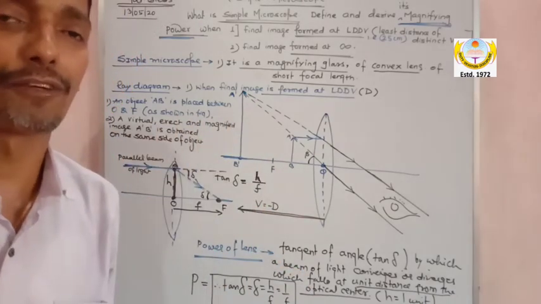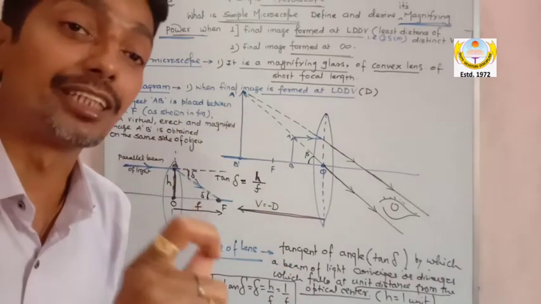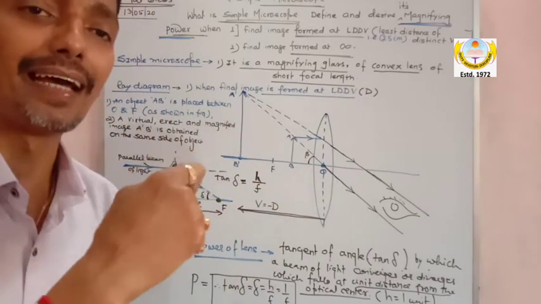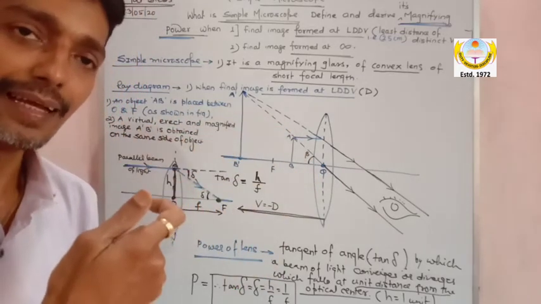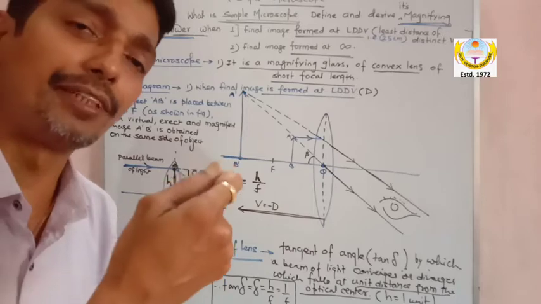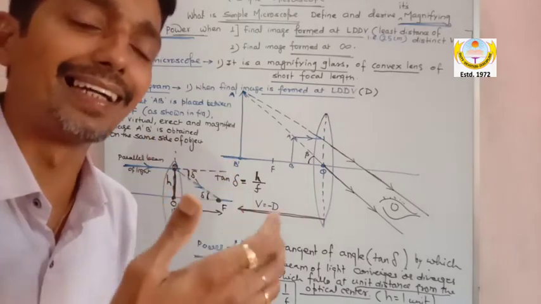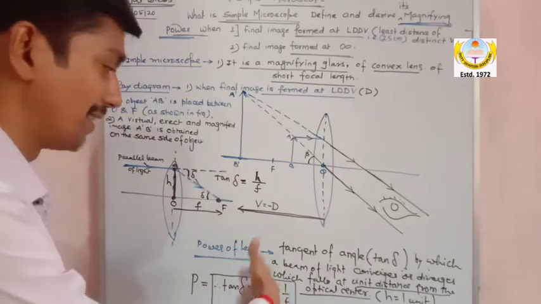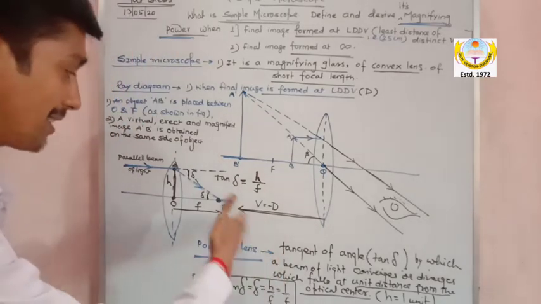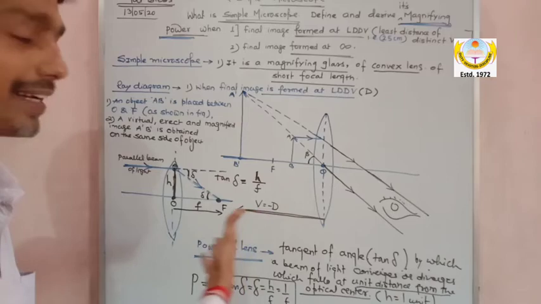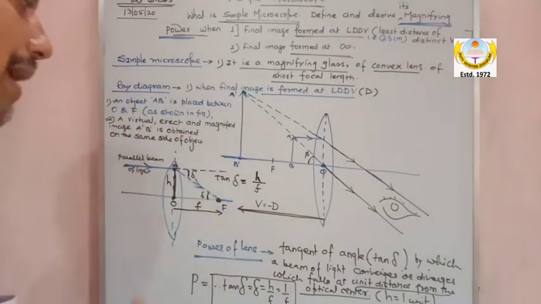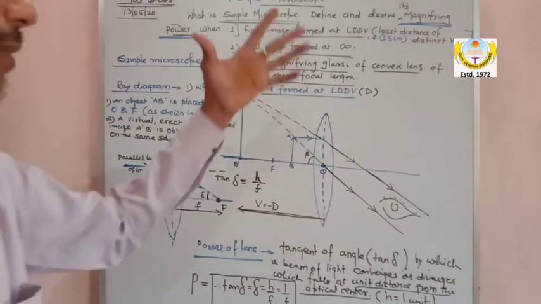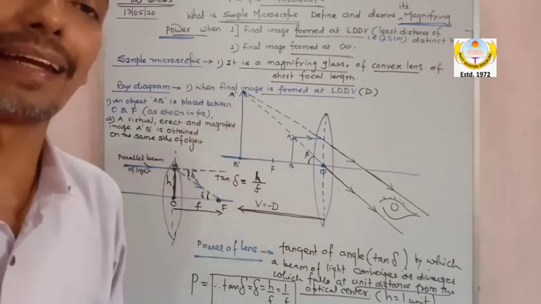So of course you have to take the tangent of the angle by which the image and the tangent of the angle by which the object subtend an angle at the eye. Because power of lens is a concept of tangent of angle. This is a small concept from my side, my dear, so that you can understand any question on magnifying power.